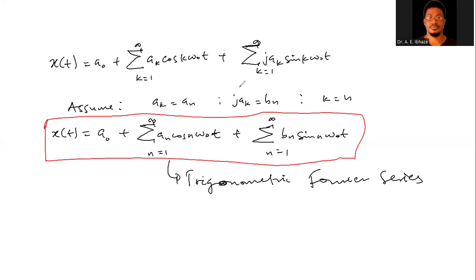The magnitude of a sub k is the same as a sub k. Mod a sub k is the same as a sub k. So this only says this is my real component of this signal, and this is my imaginary component.